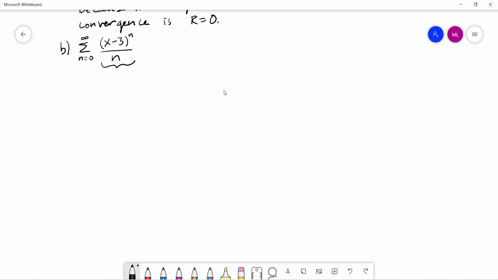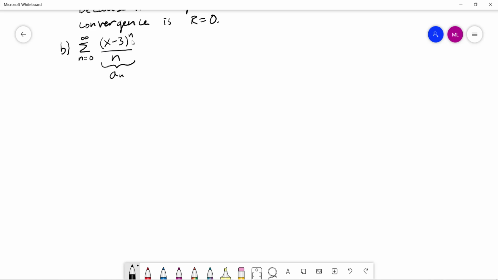So again, this is our a sub n term. Just like before, I just want to do pretty much the ratio test. Again, because I have some exponentials here, we could do the ratio test on this thing to try to figure out what the behavior is going to be or where this thing might converge.